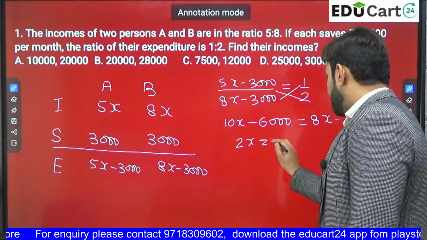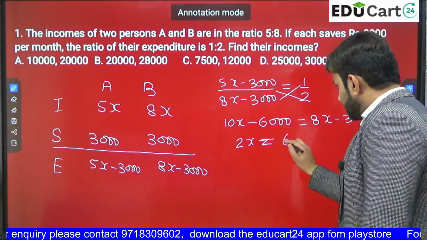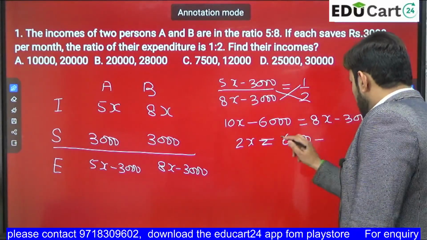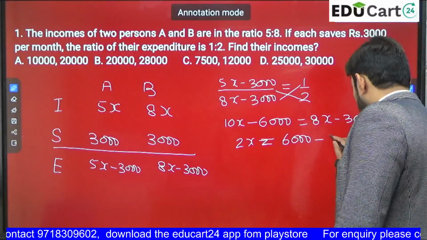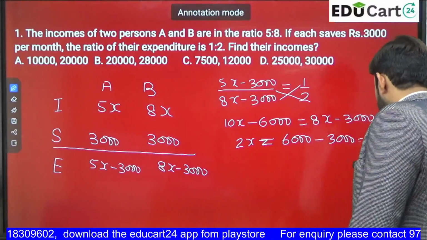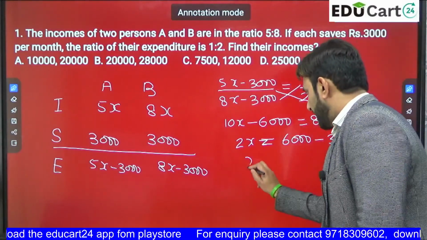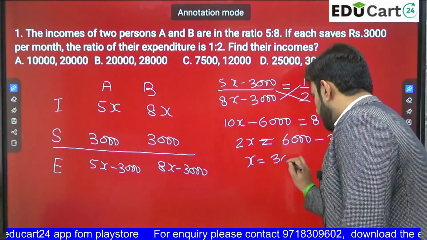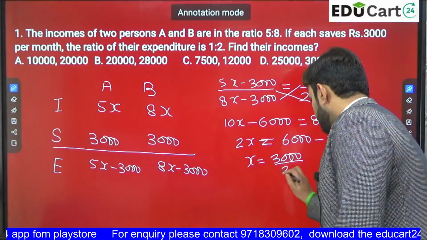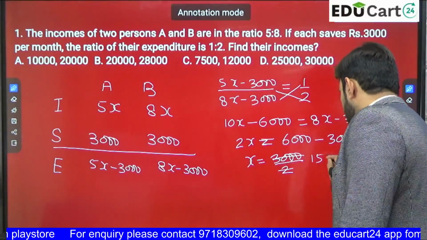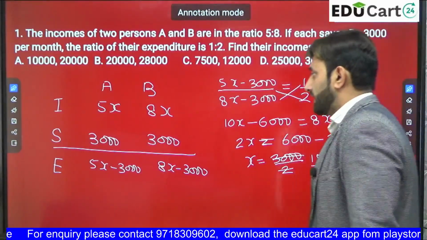Minus 6,000 will go there and become 6,000 minus 3,000, that is equal to 3,000. So the x value will be 3,000 divided by 2, 1,500 rupees. The value of x is 1,500.